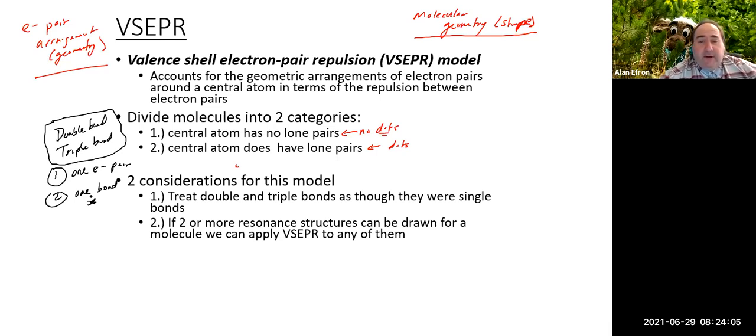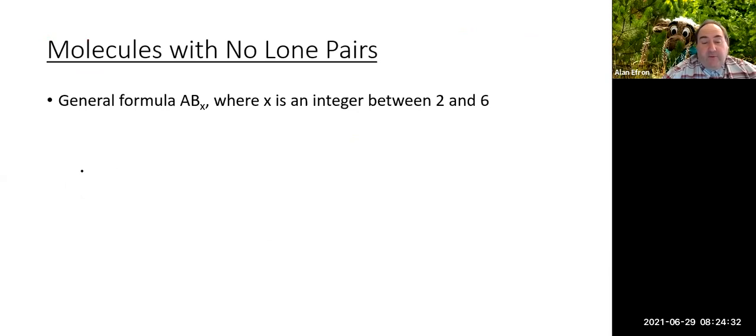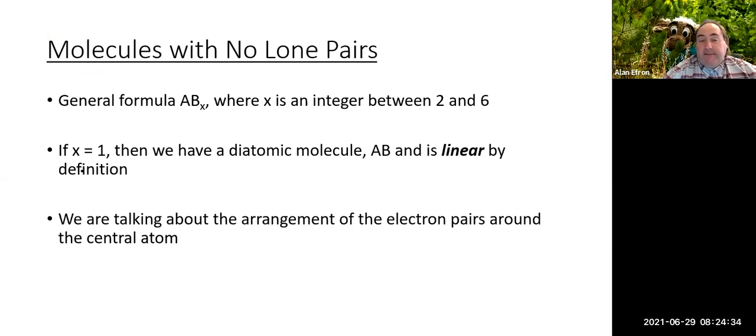All right, so let us start with the simplest and easiest geometries to figure out, and that is diatomic molecules. Diatomic molecules are when we have two atoms bonded together and nothing else. With two atoms bonded together, we have one bond present, and that creates the simplest geometry you could have.